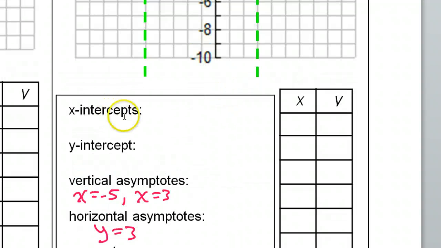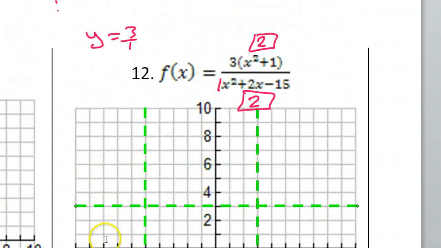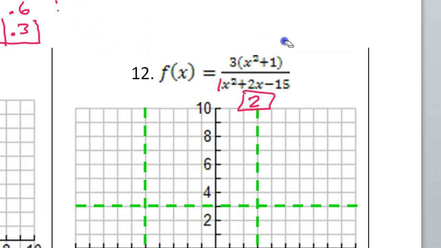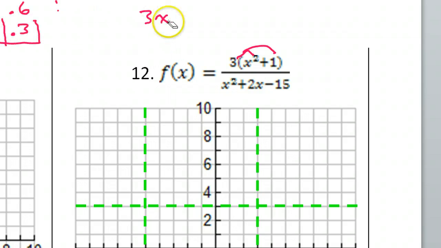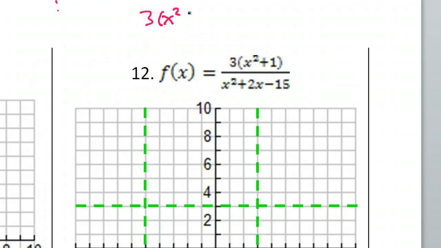Alright, let's talk x-intercepts. To find the x-intercepts, we set the numerator equal to 0 and solve. I was going to use the distributive property, but I changed my mind. So I've got 3 times x squared plus 1, and I'm setting that equal to 0.